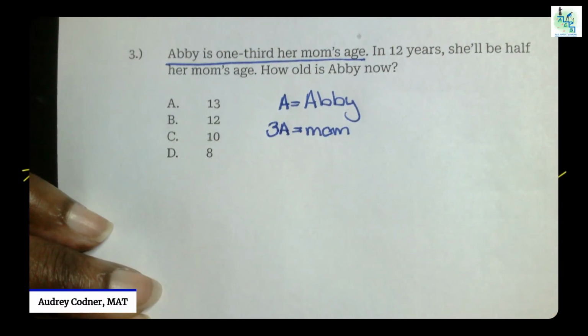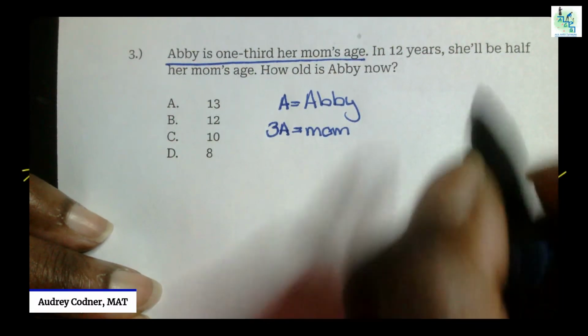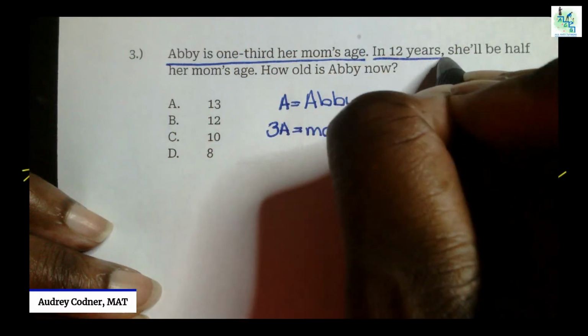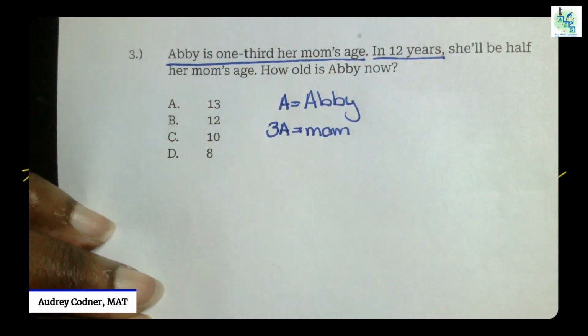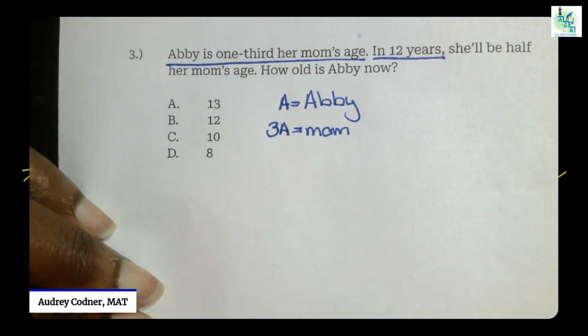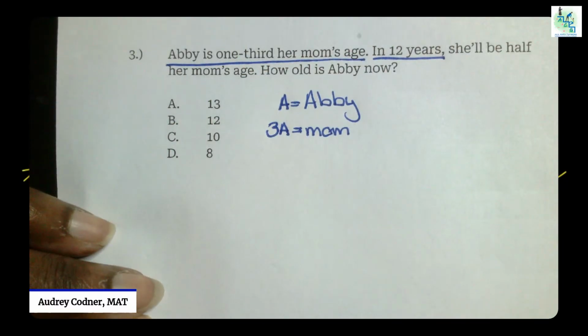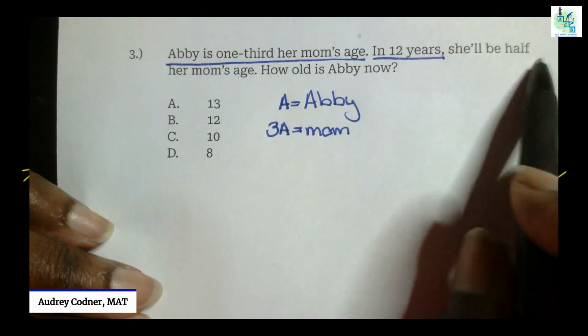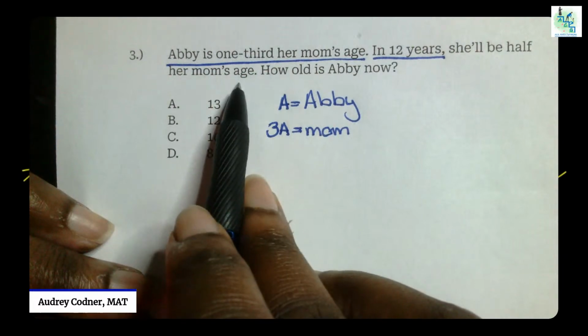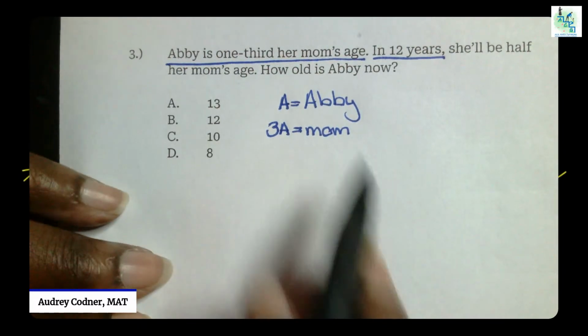Okay? Now, they're saying in 12 years. That means we are going into the future. We are going to be adding 12 to each of their ages. She will be half her mother's age. So let's take a look.